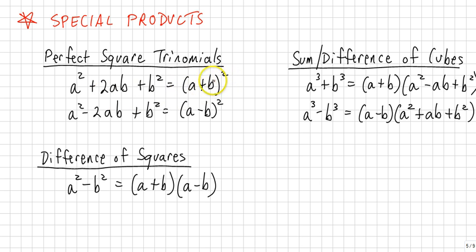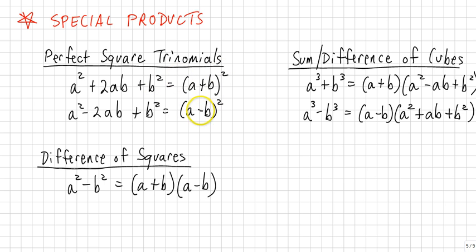So a plus b, when you square that, it turns out that it'll always multiply out and be a squared plus double whatever a times b is plus b squared. So every single time you square a binomial with a plus sign, a plus b, it'll end up the front number squared plus double the front number times the back number plus the back number squared.